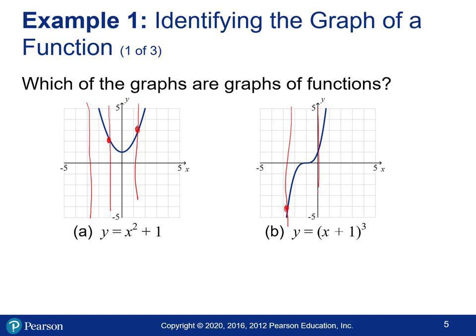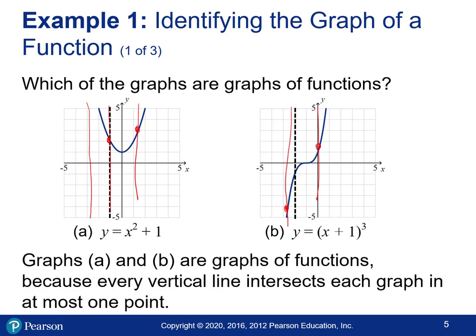It intersects once, it intersects once, and so on. So that would be the graph of a function as well. Any vertical line you could imagine would always hit the graph once or not at all. Technically, even though I'm saying not at all, if this were to continue going up, we would see that it would intersect just once still.